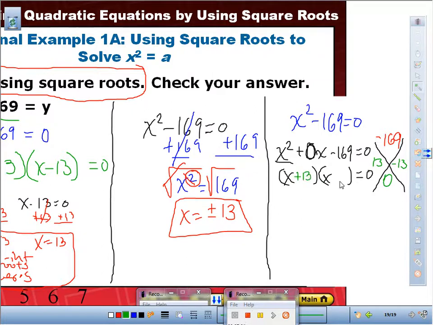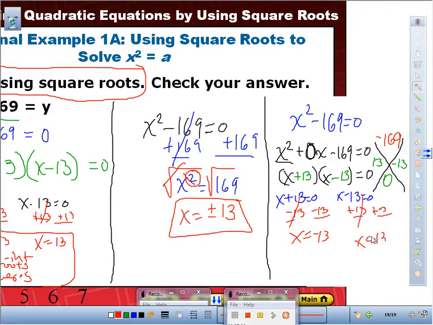So x plus 13, x minus 13, set each one equal to 0. x plus 13 equal to 0, x minus 13 equal to 0, and from there we just solve. Minus 13, minus 13, x equals negative 13. Plus 13, plus 13, x equals 13. And these are my roots, my x-intercepts. Copy that, please.